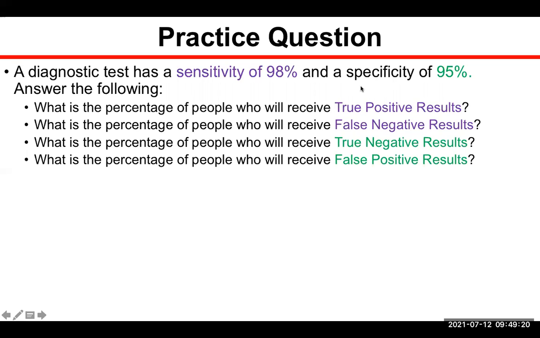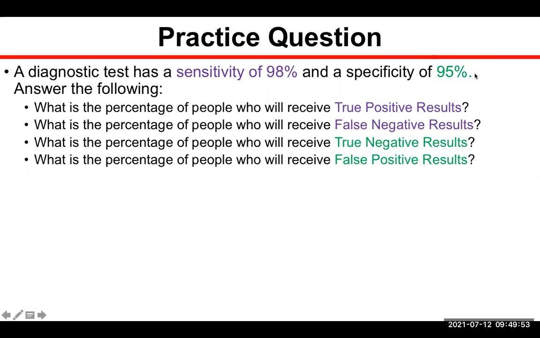Whereas specificity is trying to see how specific the test is. Is it going to be able to not detect people that aren't actually infected? And so if you're truly not infected and the test has a specificity of 95%, that means 95% of the time that a person isn't actually infected, the results are going to be true negative.